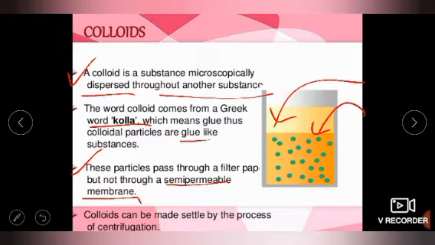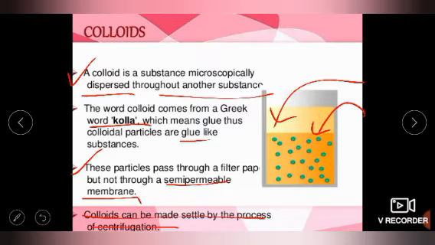But if that ink falls on your screen, it will not spread. So these are particles which pass through the filter paper but not through the semi-permeable membrane. Hope you understood. Colloids can be made to settle by the process of centrifugation.